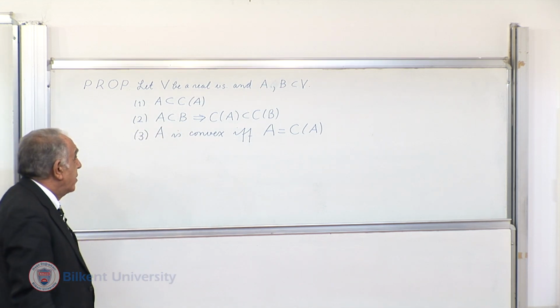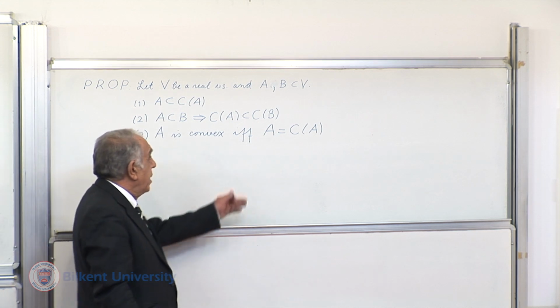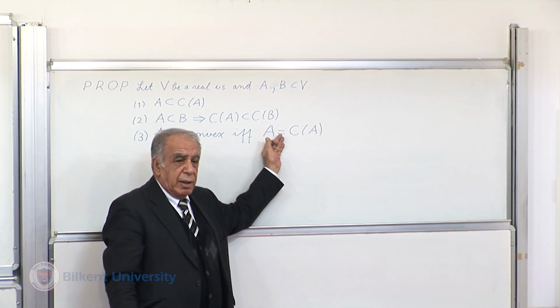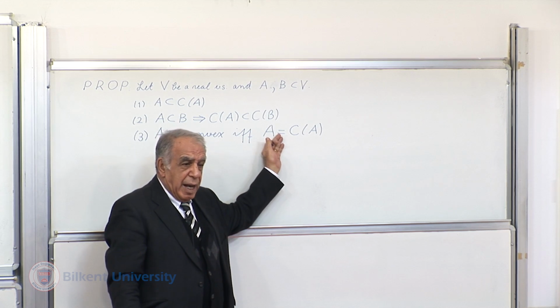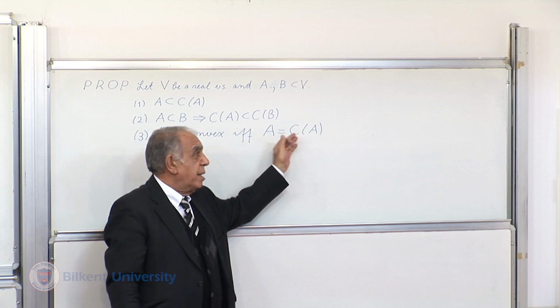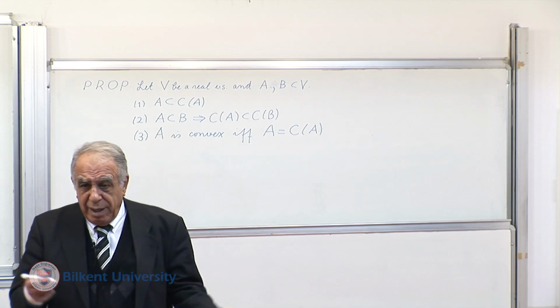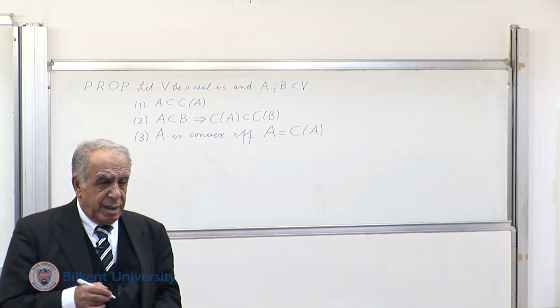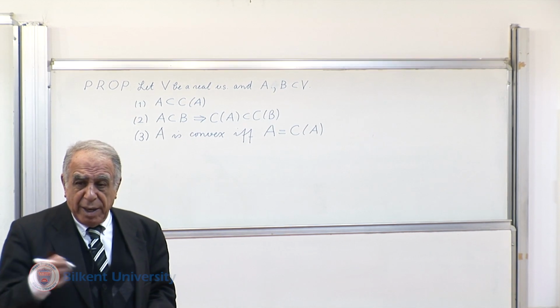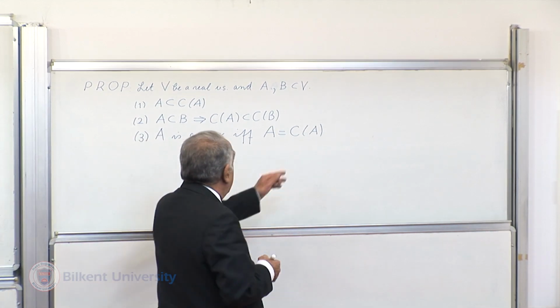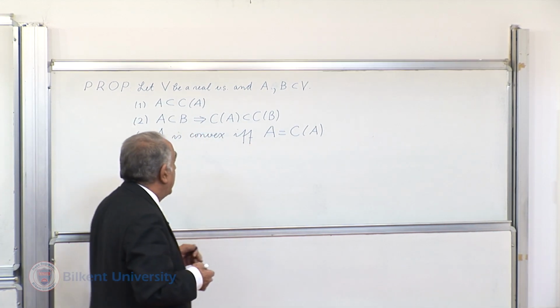One direction of this is obvious. If A is equal to C of A, then you take 2 points from A at a time. Well, any convex combination of them is in C of A, but if C of A is equal to A, then the entire segment, lambda x plus 1 minus lambda y, for each lambda in the unit interval, since it's in here, it will be in here.